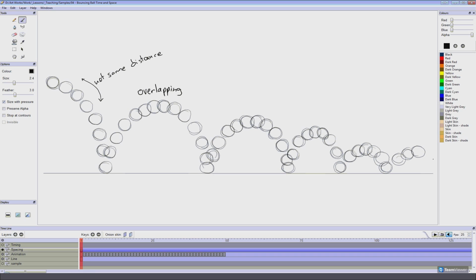And this is spacing. The space between the frames is what gives us different rhythms in the action. And this time and space, they're the two most basic elements of animation.